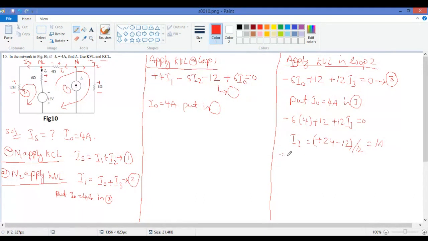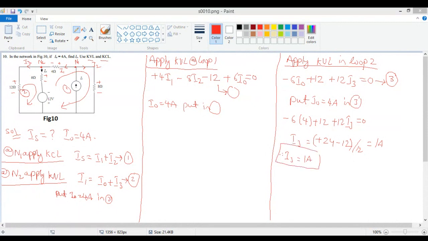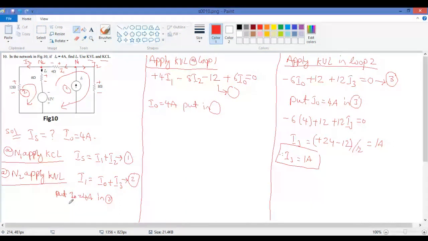So I3 is equal to 1 ampere. Now once I3 is 1 ampere, we can put I0 equal to 4 and I3 equal to 1 ampere in equation 2 so that we get I1.